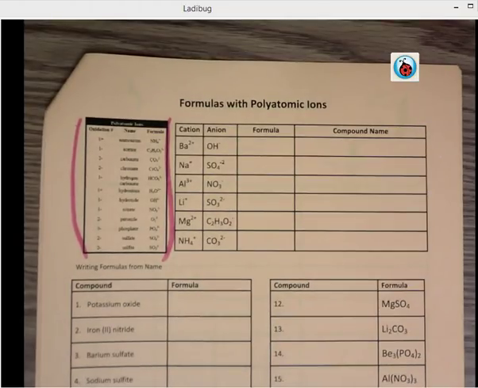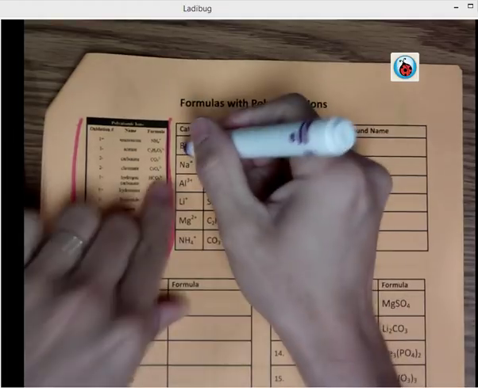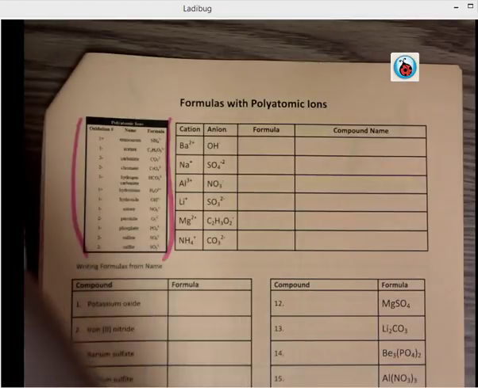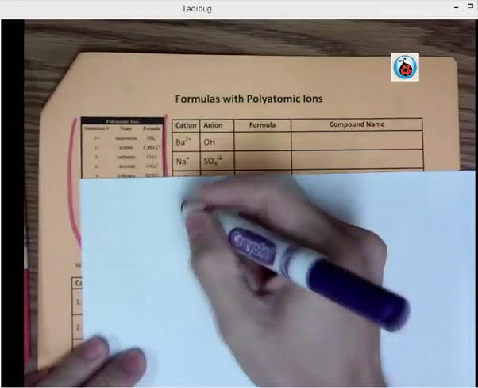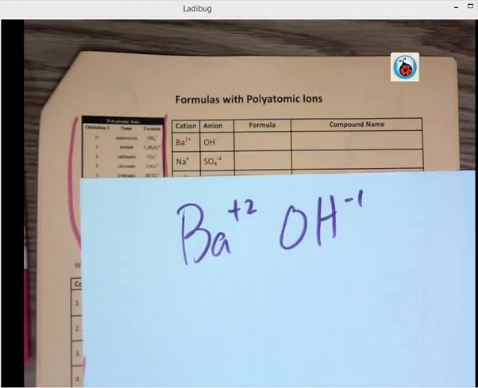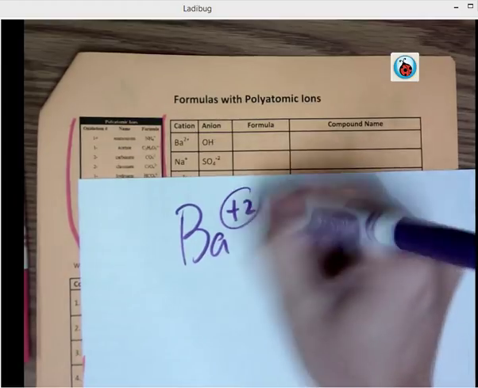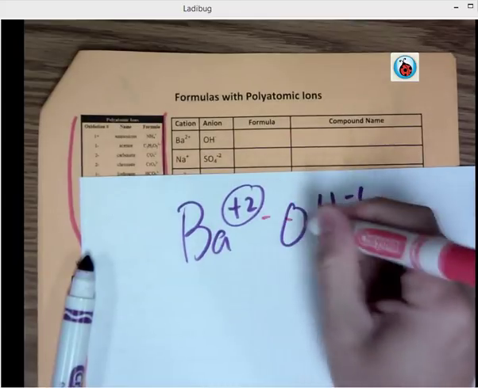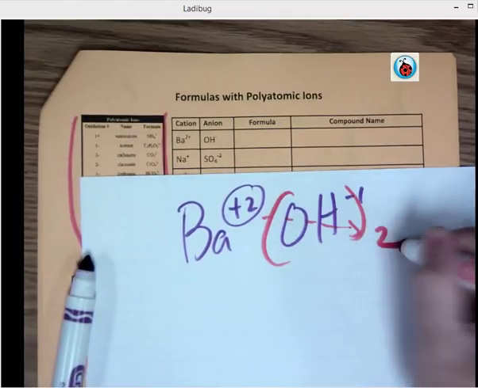So how do you write the formulas for this? You treat the whole polyatomic ion as one thing. For example, Ba is +2. OH is -1. So how many OHs do you need to balance out the 2 right here? You really need 2 of them by crossing over this 2. Cross that over, put the 2 outside.